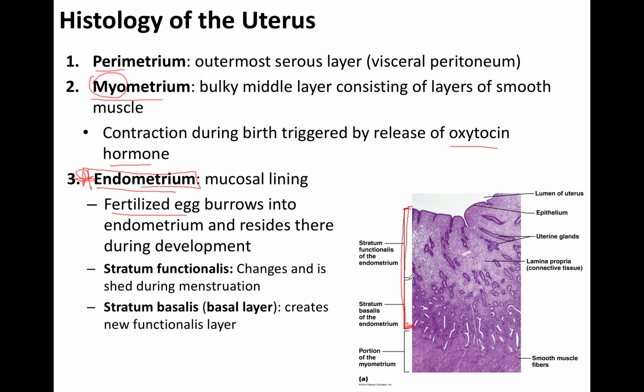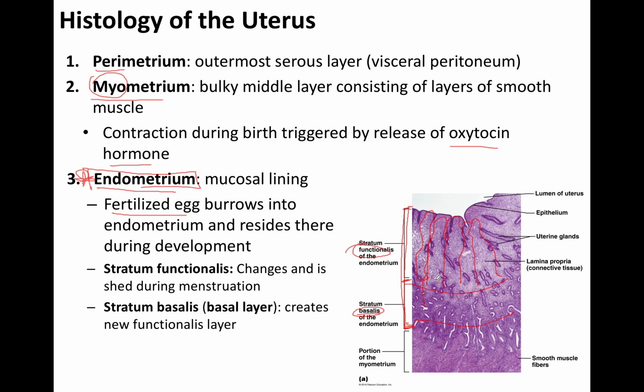It has two separate divisions, a basalis layer and a functionalis layer. The basalis layer is this base layer. This is the layer that is going to create the new functionalis layer after menstruation. The functionalis layer is the layer that is going to get thick and full right after ovulation and prepare for implantation.